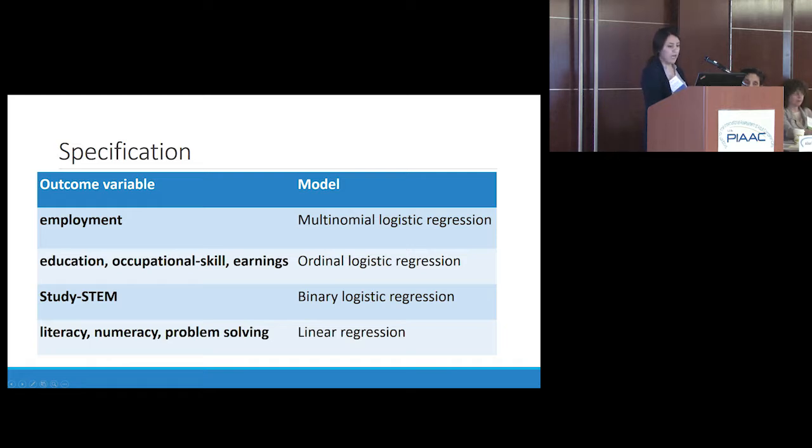That's why we use ordinal logistic regression. And earnings: we transform earnings into quartiles, from the lowest to the highest, so again it becomes ordinal. Studying STEM is 0-1, so we use binary logistic regression, and for literacy, numeracy, and problem solving, we use linear regression.